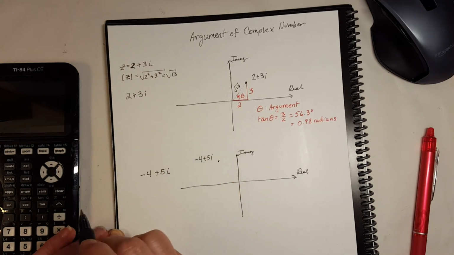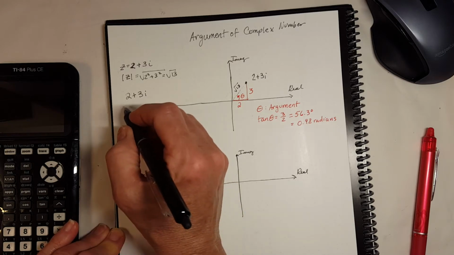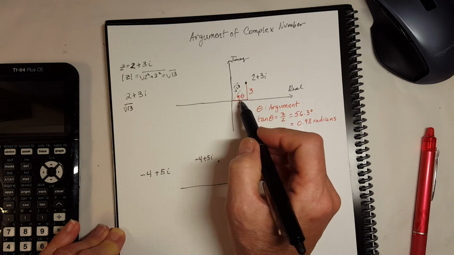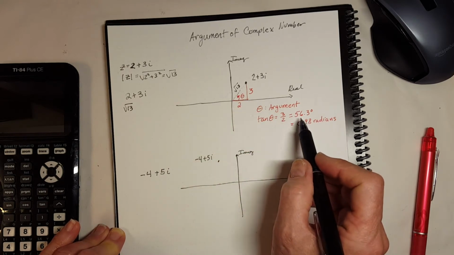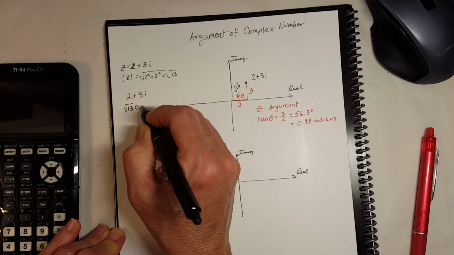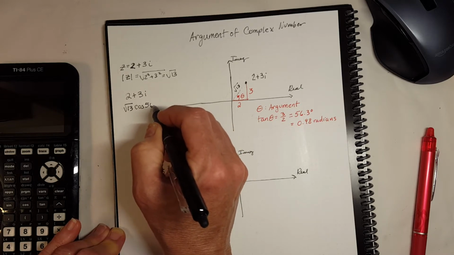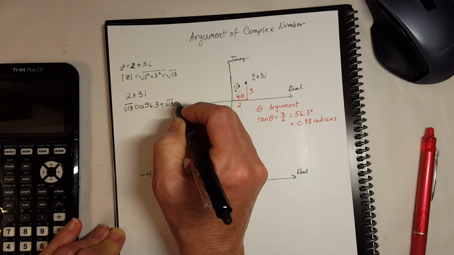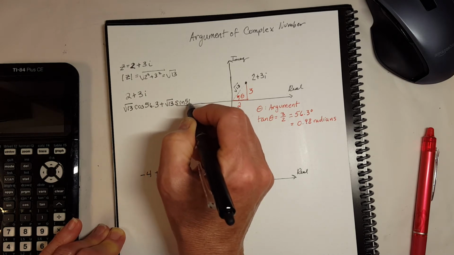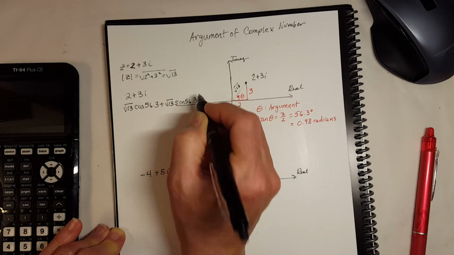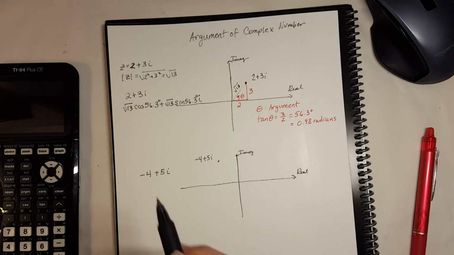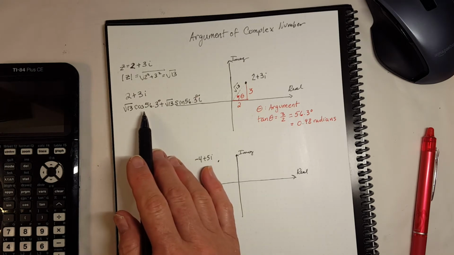And the trig form is going to be the square root of 13 times the cosine of our angle, the cosine of 56.3, plus the square root of 13 times the sine of 56.3 times i. And we have to put our degrees on so we know we're in degrees. That is the trig form, or the polar form, of a complex number.